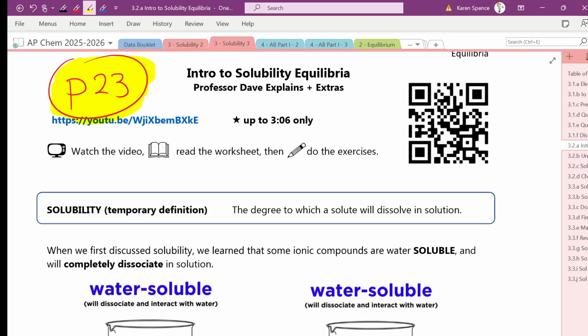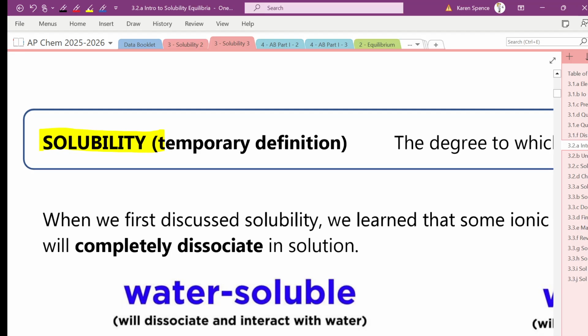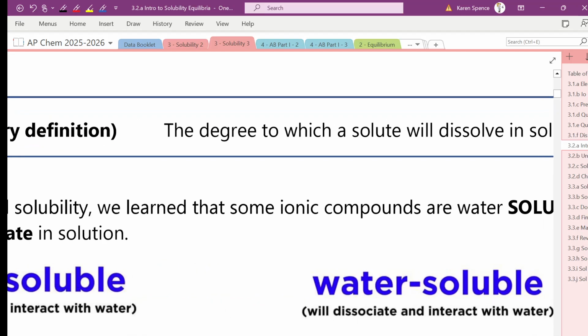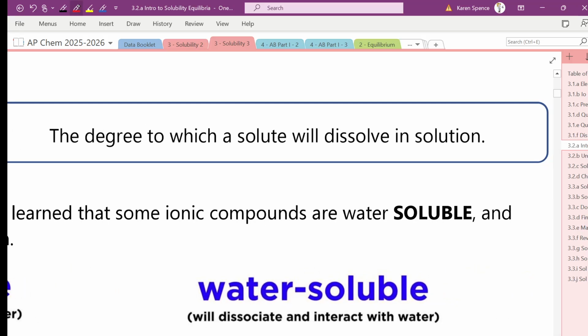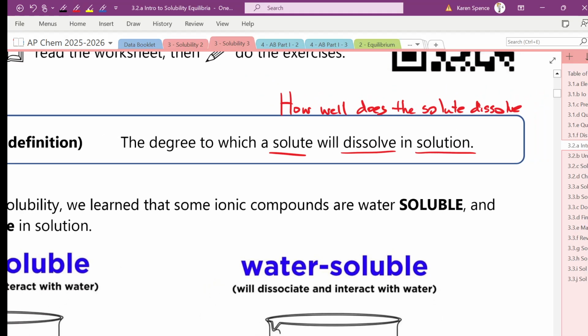So solubility, we're going to give it a temporary definition. We're going to come up with a better definition in just a little bit, but it is the degree to which a solute will dissolve in solution. So how well does the solute dissolve? Or how much can the solute dissolve?